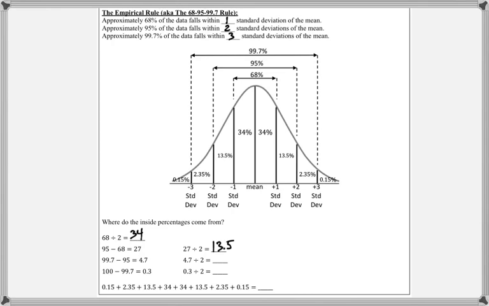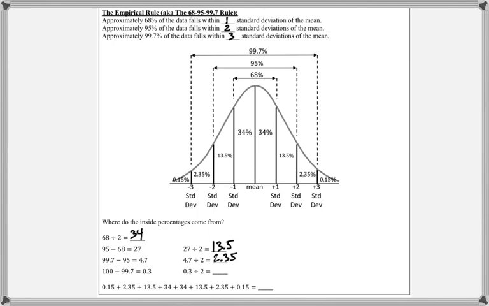If you subtract the middle 95 from the 99.7, then you get 4.7. And if you divide that 4.7 by 2, you get 2.35. If you subtract the 99.7 from 100%, you get 0.3.